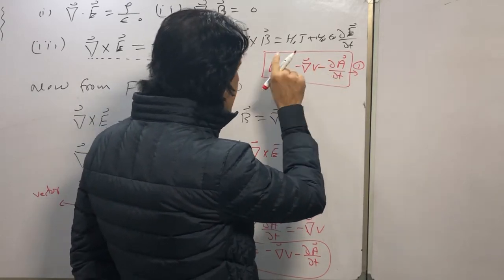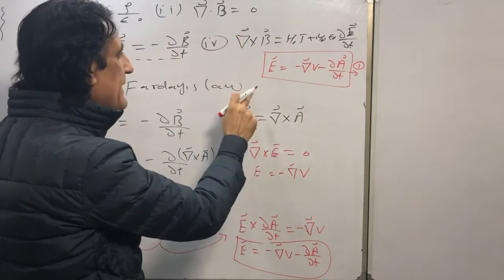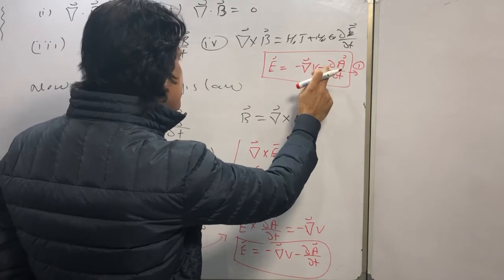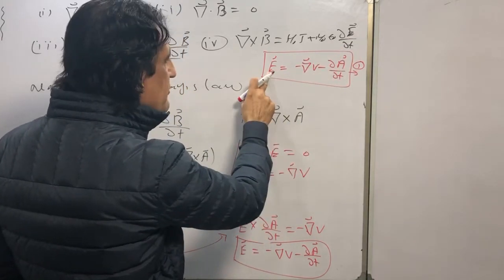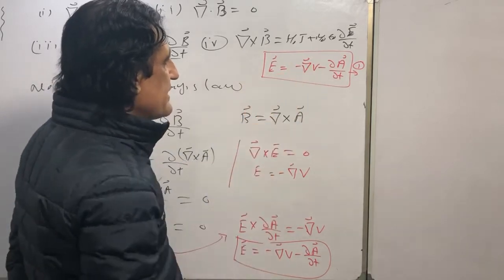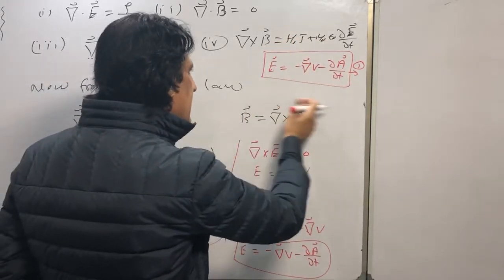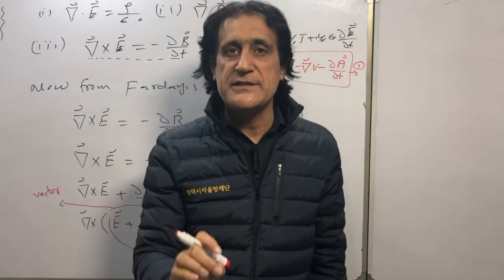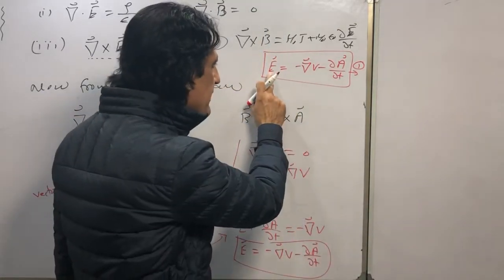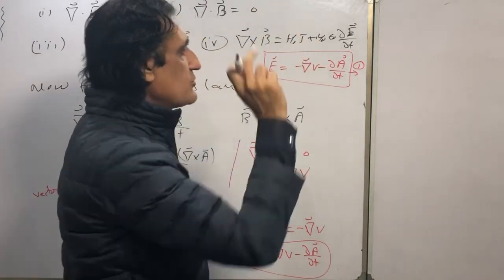If this is not changing with time, then this part will be cancelled out. If this part is cancelled out, then we get the electrostatic condition, E is equal to minus del V. So this electric field is very, very important in electrodynamics. In electrodynamics, the electric field must be equal to this.